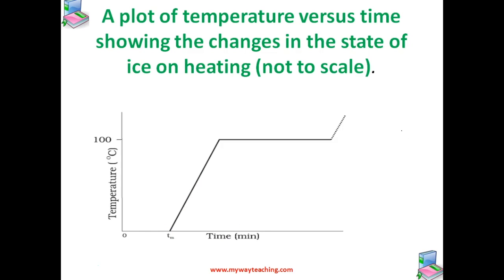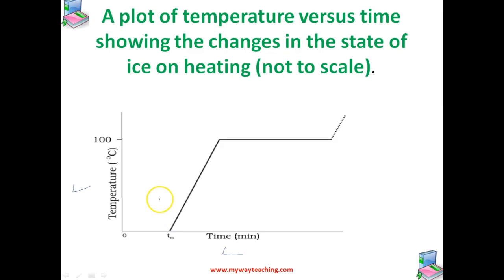As you can see in this particular figure, this is the graph of temperature versus time. In this you can observe no change in the temperature so long as there is ice in the beaker. Even though the time is increasing, as long as there is ice in the beaker, there is no change in the temperature.